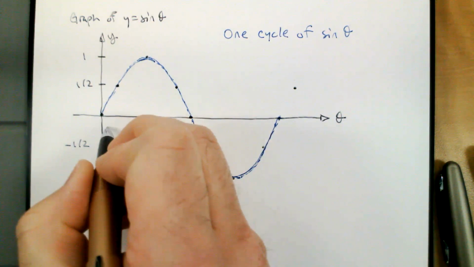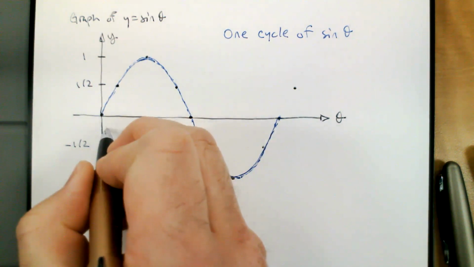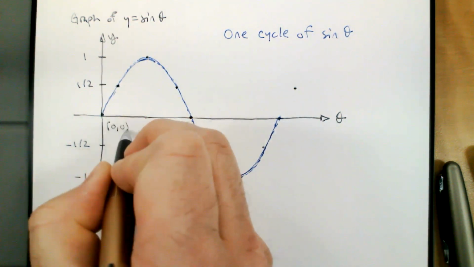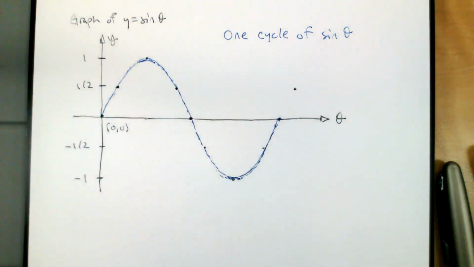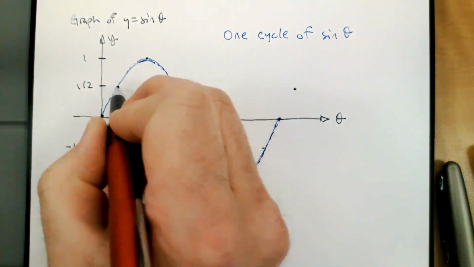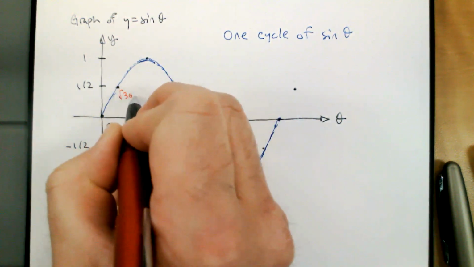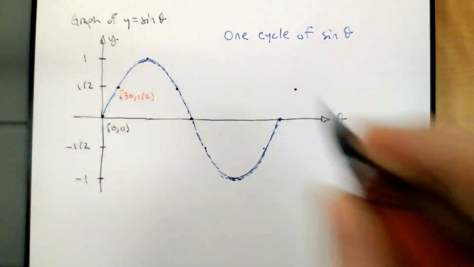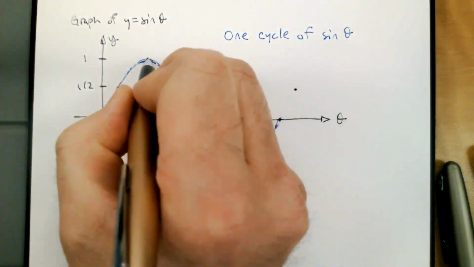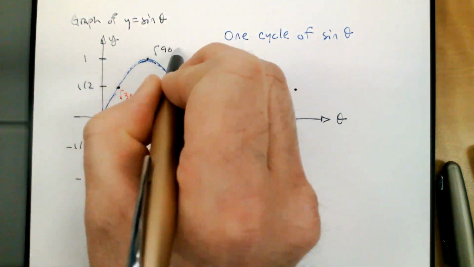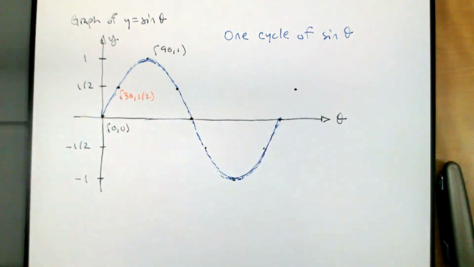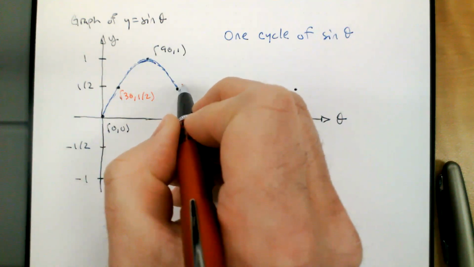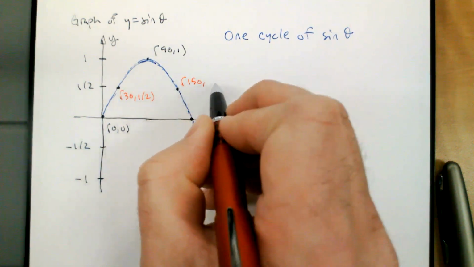So here we're at 0, 0. Here we're at 30 and 1/2. Then up here at the top will be at 90 and 1. And then here we are at 150 and 1/2.